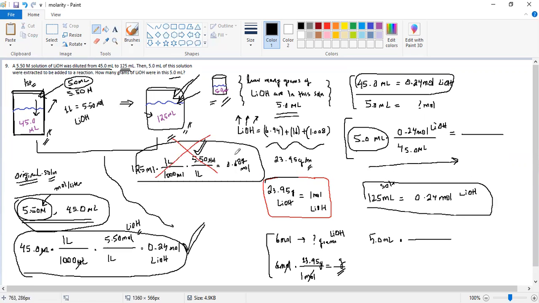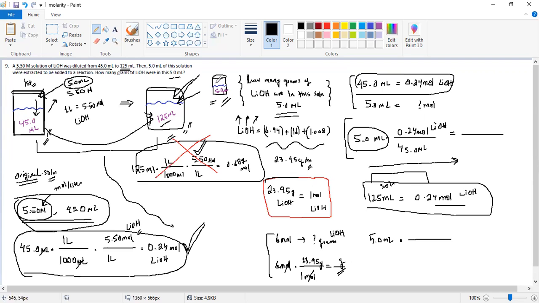I mean, we know that if we hop from here to here, all we've done is change the amount of liquid. The amount of moles of LiOH stays the same. And so it's not a problem for us to make this ratio, to make this conversion factor. We know that 125 milliliters has this many moles.